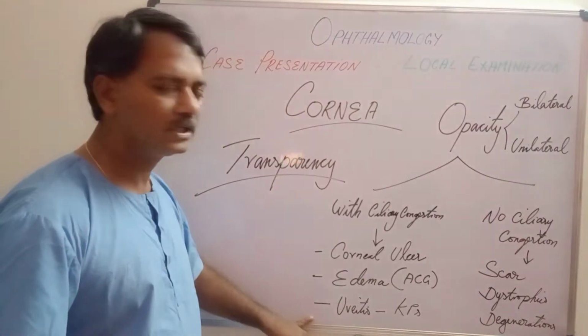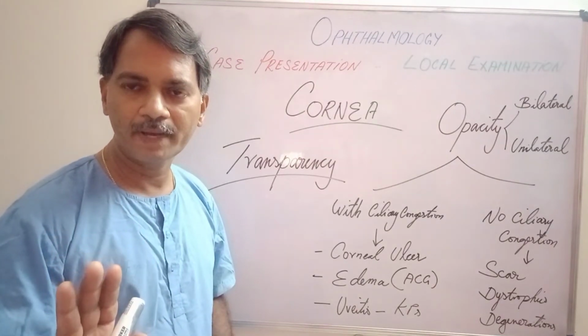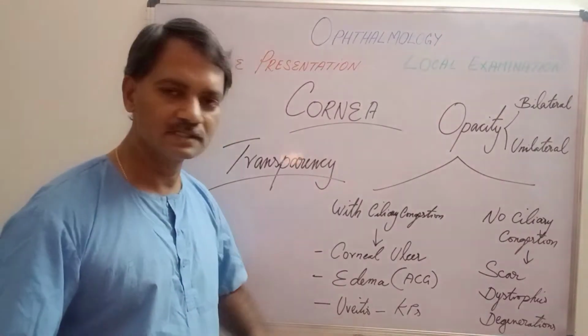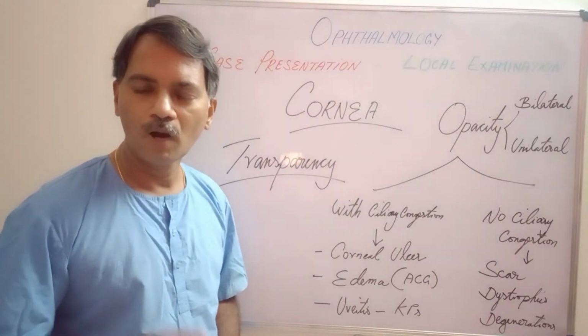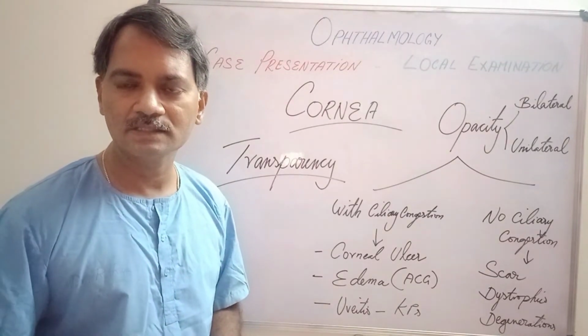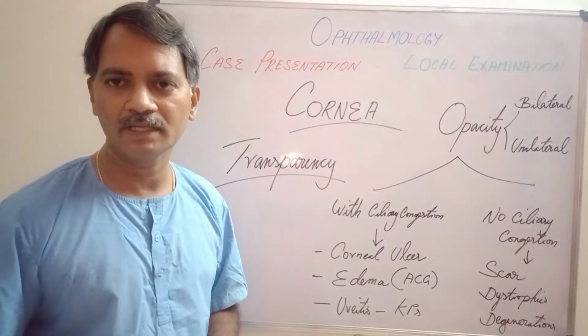The third important thing we have to consider about a corneal opacity with ciliary congestion is uveitis. What opacity will you see in uveitis? In uveitis, there will be keratic precipitates on the back of the cornea.